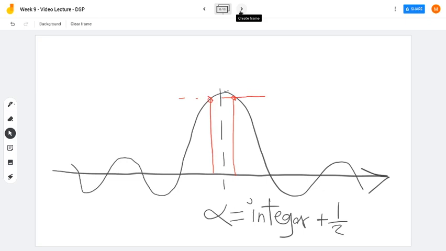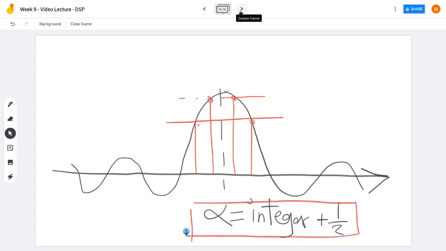So again, if alpha is equal to integer plus half, the symmetry is still there, and the impulse response will be symmetric. And again, this symmetry is very important for the linear phase.